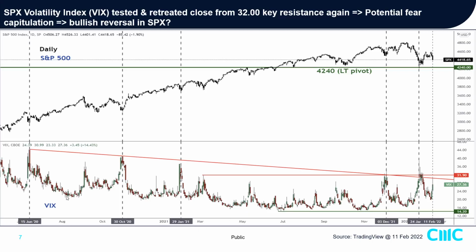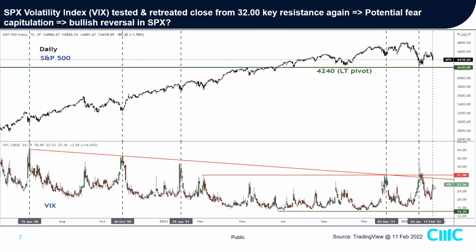So every time this VIX hits a very key resistance level, that I draw from this descending trend line resistance, linking the highs of 15th of June 2020, October 2020, and 29 January 2021, against this horizontal resistance, the confluence is at this close to 32 key resistance region.